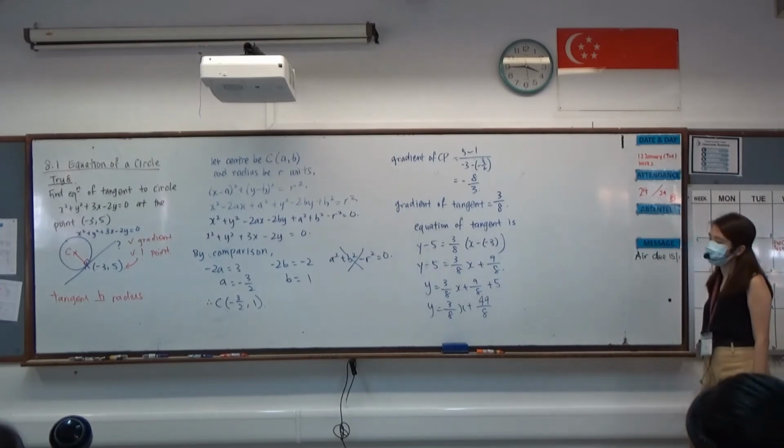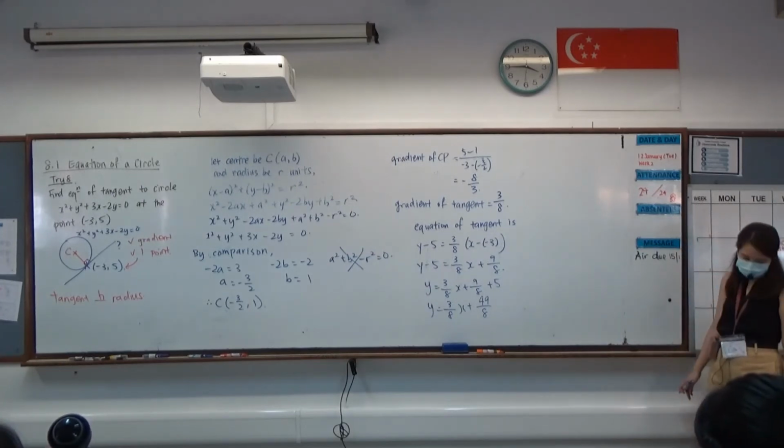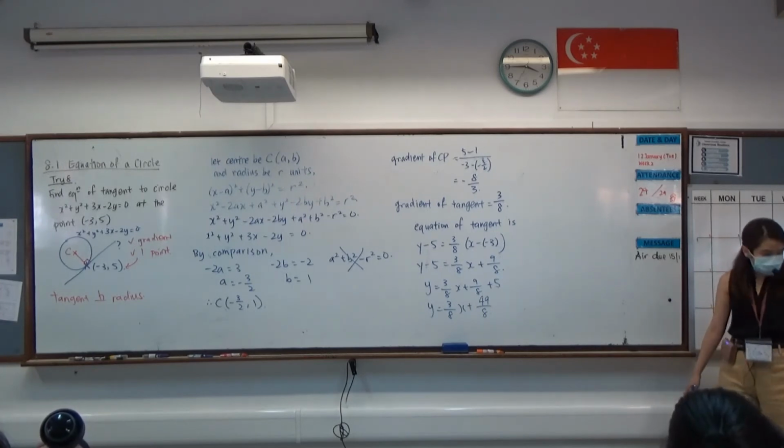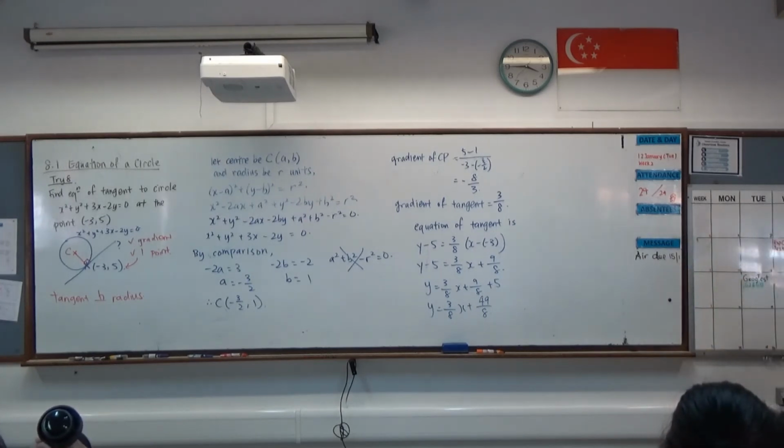So y is equal to 3 over 8 x plus 49 over 8. If you like to, you can put it as 6 and 1 over 8. That's also fine.